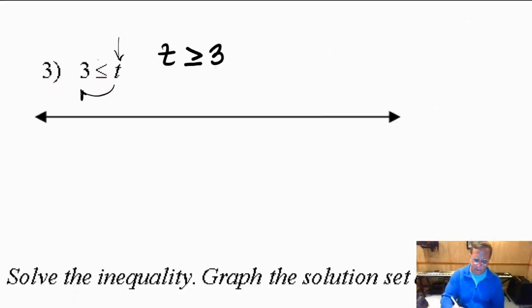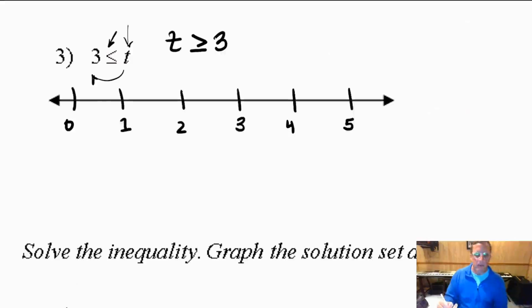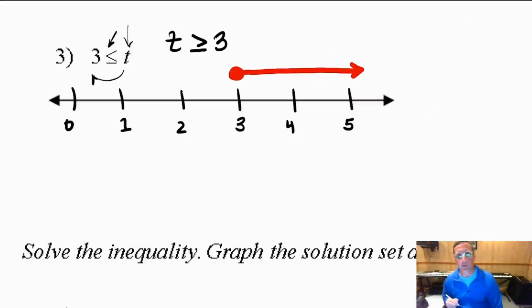And notice I flipped the sign as well. All right, and then we're ready to graph. This one says greater than or equal to 3, so we're going to use a closed point, and our vector is going to the east. It's going right, up to positive infinity.